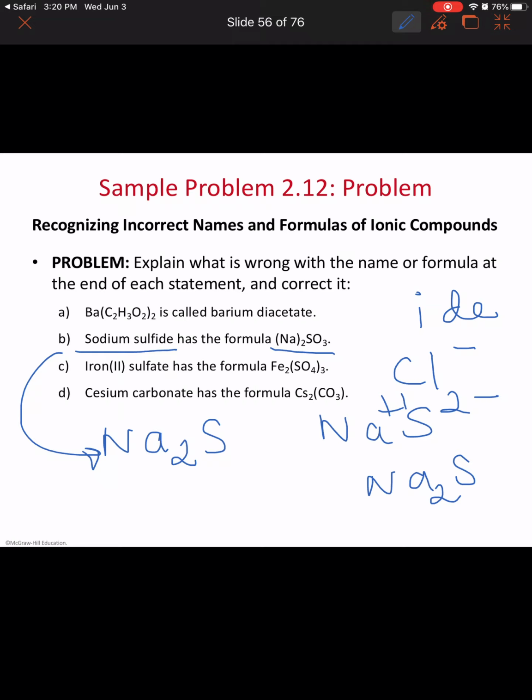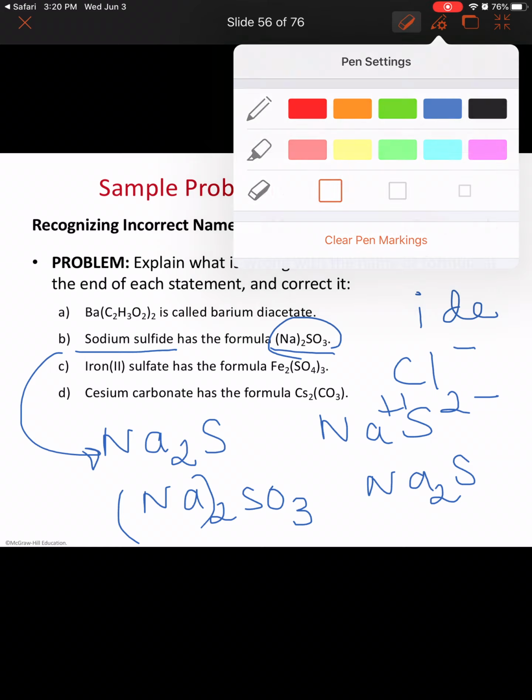Sodium sulfide would be Na2S. Okay, and what's written here is sodium sulfite, SO3. Even for sodium sulfide, when you write it, you do not write the parentheses like this. You don't put parentheses. Okay, so that makes two things wrong in it.